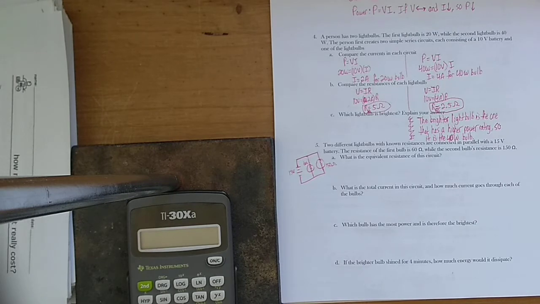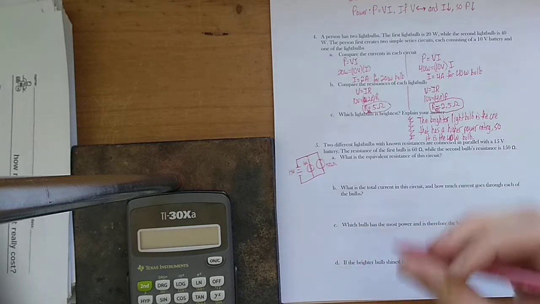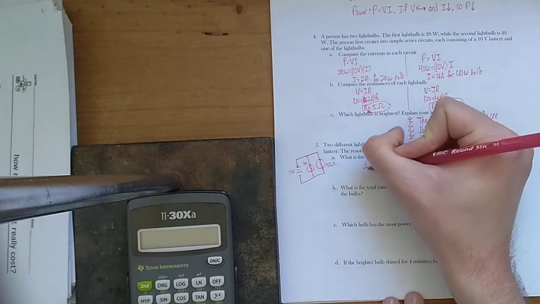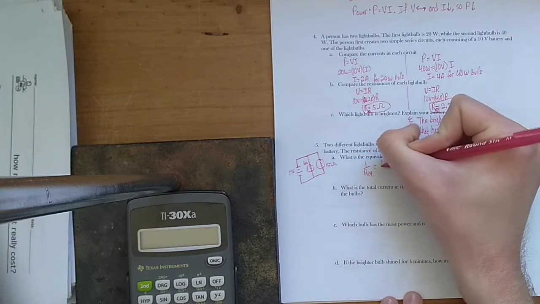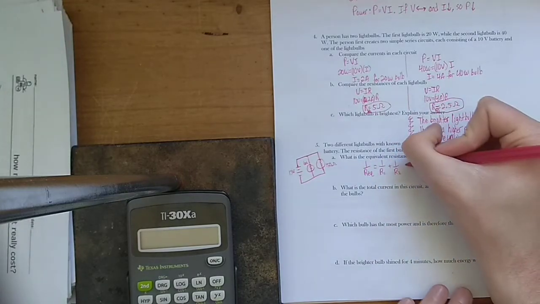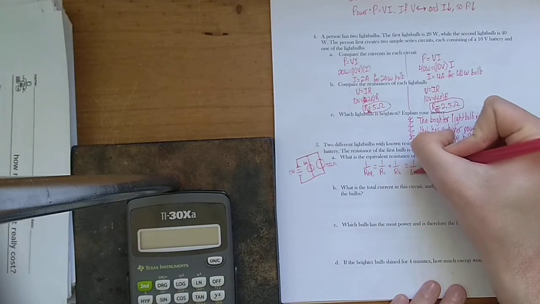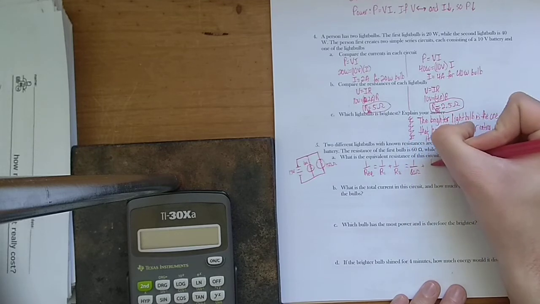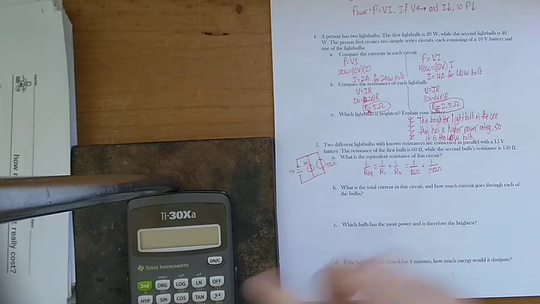First thing, what's the equivalent resistance of this circuit? Well, light bulbs are just basically resistors that also give off light. So we can find the resistance of something in parallel by using the 1 over Req equation. In this case, 1 over Req equals 1 over R1 plus 1 over R2, which would be 1 over 60 ohms plus 1 over 150 ohms.